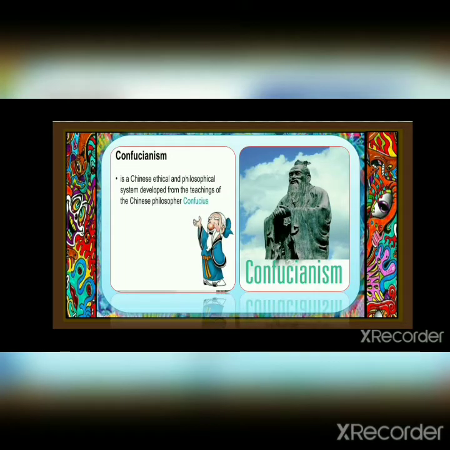Next is Confucianism. It is the way of life that gives importance to the things that fit the educated, responsible, and disciplined person. It is also the Chinese ethical and philosophical system developed from the teachings of the Chinese philosopher Confucius.